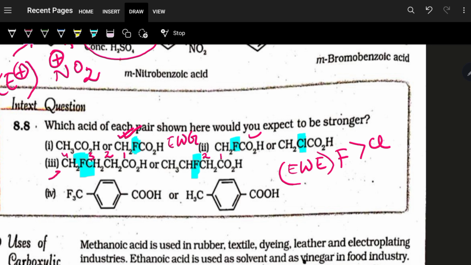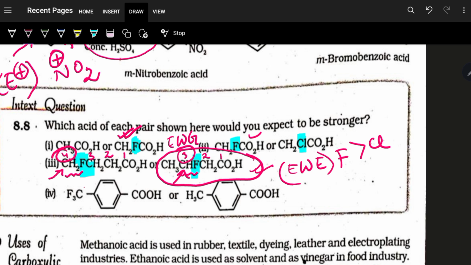So this has fluorine because this is CH2F, and here carbon number 3, CHF, has the fluorine. The electron withdrawing fluorine is closer to COOH, so it shows a greater electron withdrawing effect and stabilizes the conjugate base more. So this is more acidic because it is closer to the COOH, and here it is at carbon number 4.